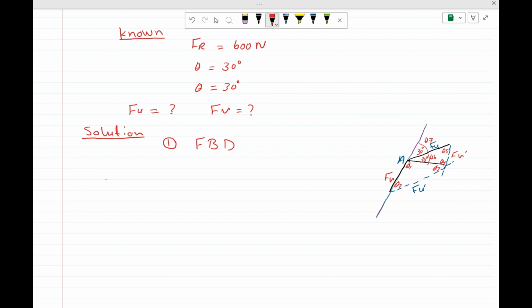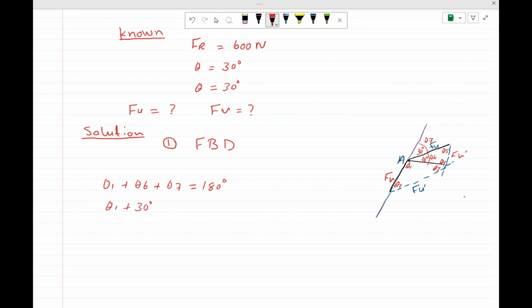Now I have theta 1 plus theta 6 plus theta 7, 1, 6, and 7, they are all on the same line, therefore they should equal 180 degrees. Theta 1 is unknown, which I'm solving for.